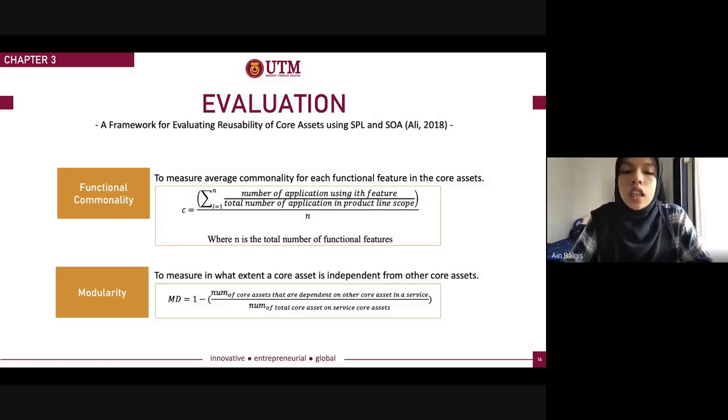There are 2 measures taken into account in this study for objective 1. They include functional commonality, to measure the average commonality for each functional feature in the core assets, and modularity, which measures to what extent a core asset is independent from other core assets.